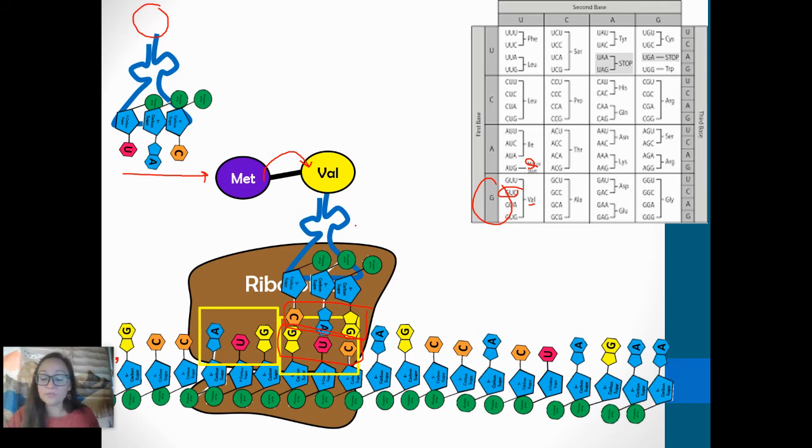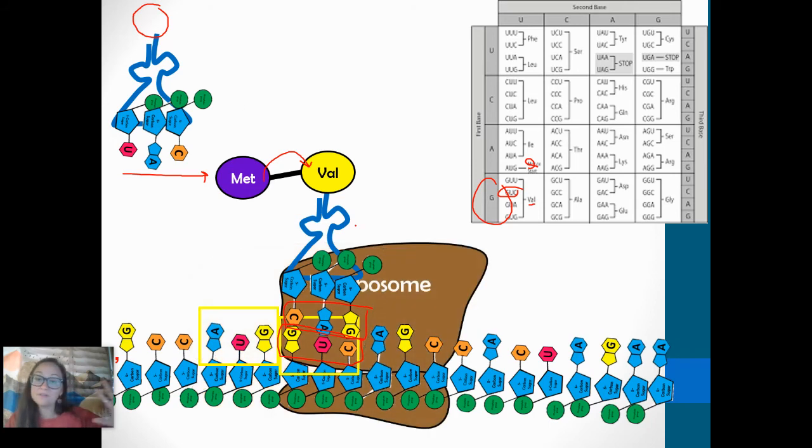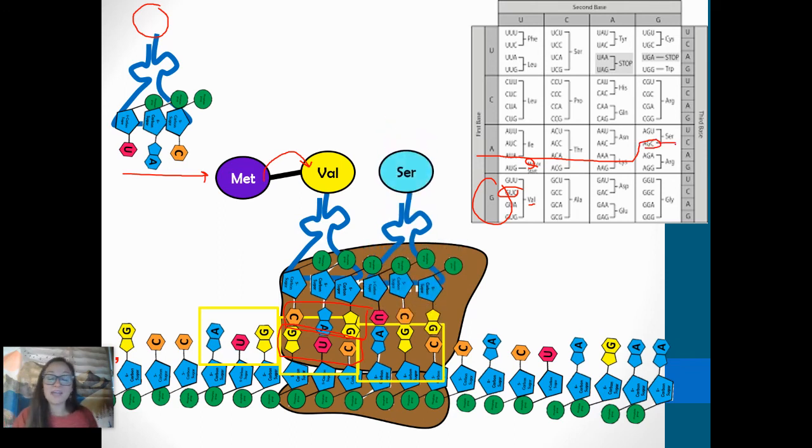So here, though, the ribosome is going to move down the messenger RNA to the next codon. And this is where we're going to use that table, AGC, to find which amino acid it is. AGC, right here. So that's going to be serine at the top.